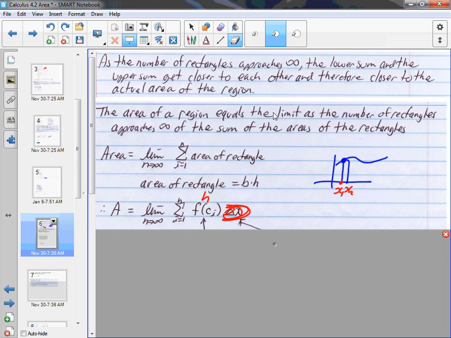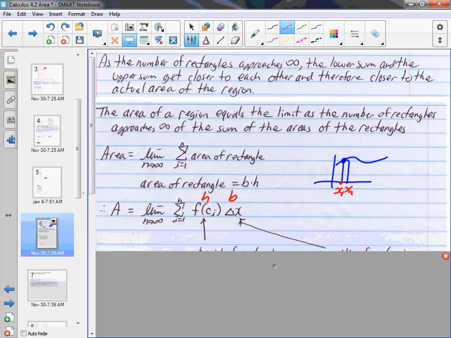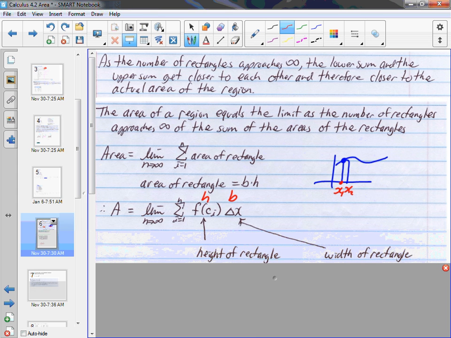So we'll call it dx, and that represents the base. I'm writing it as height times base, but it's the same thing as base times height. So the f represents the height, the delta x represents the width of the rectangle.